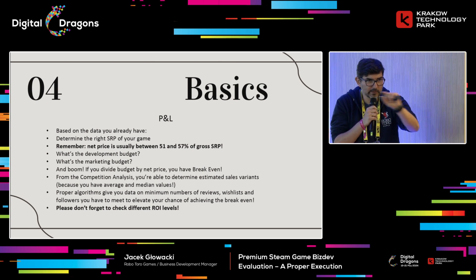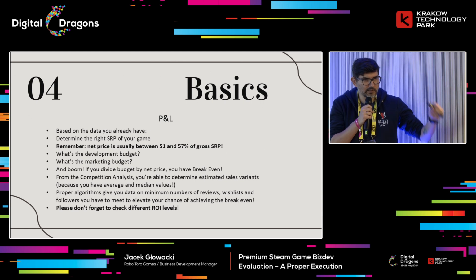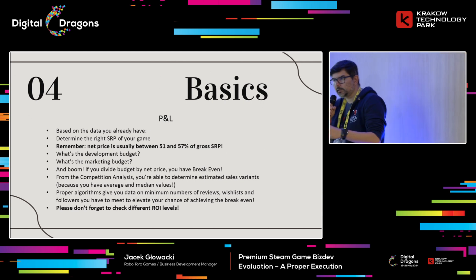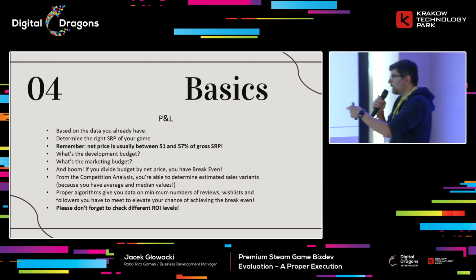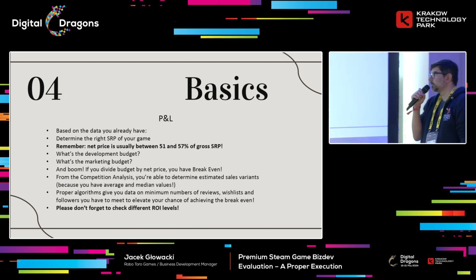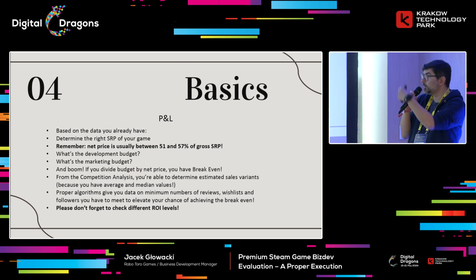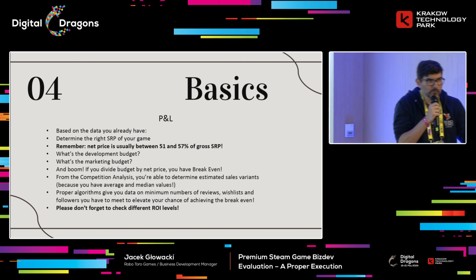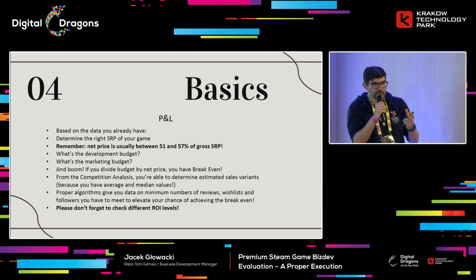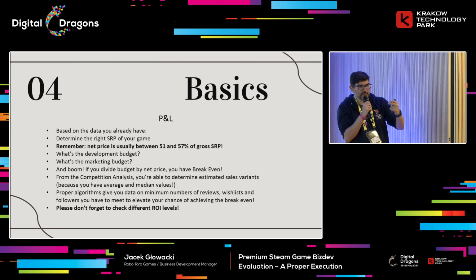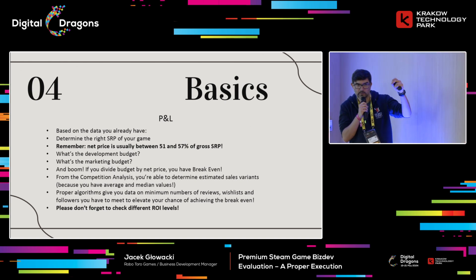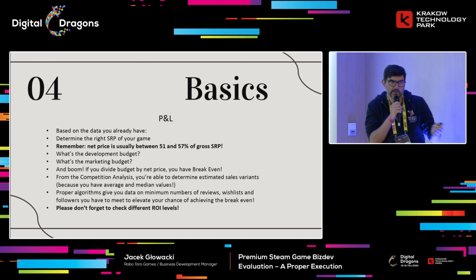And then you have something in the middle, between median and average. Based on this, you can estimate the number of copies that you're able to sell, right? So you can even compare different variants to see if you have any chances to achieve what others managed to achieve, or if you have to go wildly over this, then you at least know that, okay, it's going to be hard.